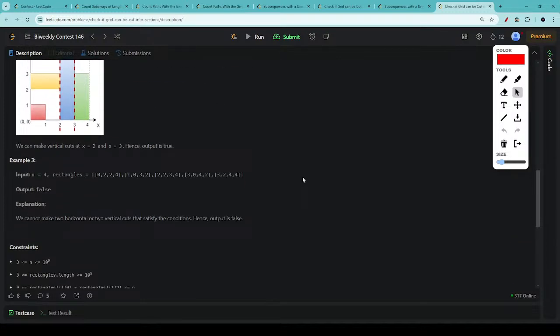And then finally, for this one, if you draw it out, it's like 0, 2, 2, 4.